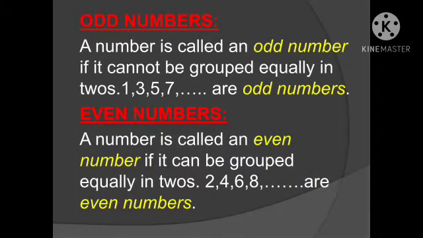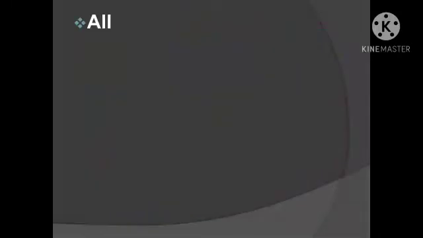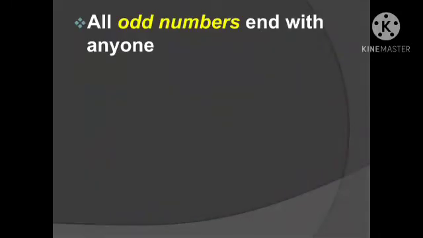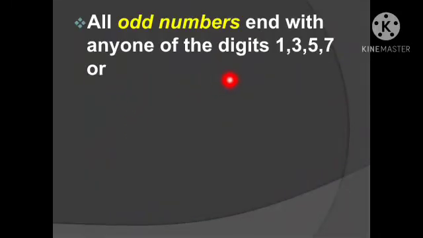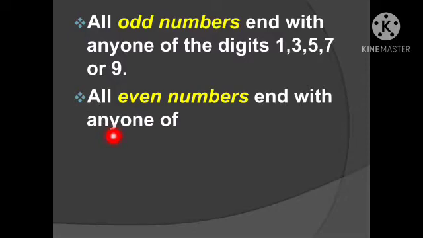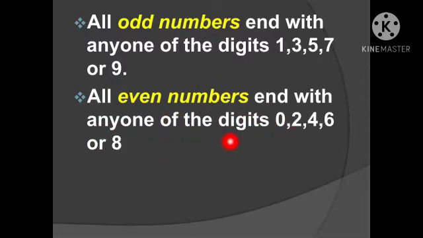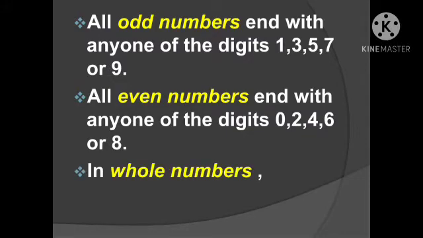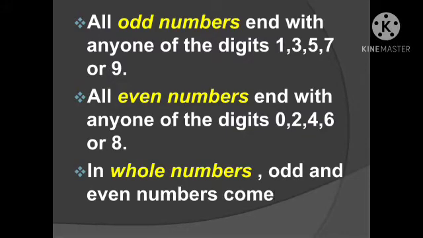And then note it carefully. All odd numbers end with any one of the digits 1, 3, 5, 7 or 9. Then all even numbers end with any one of the digits 0, 2, 4, 6 or 8. In whole numbers, odd and even numbers come alternately.